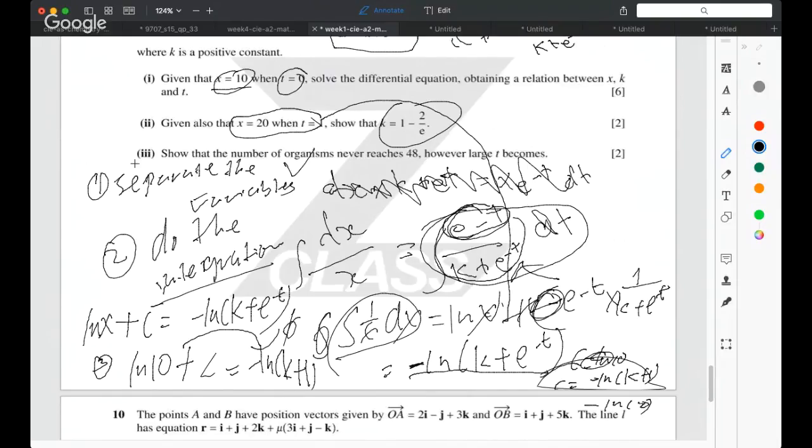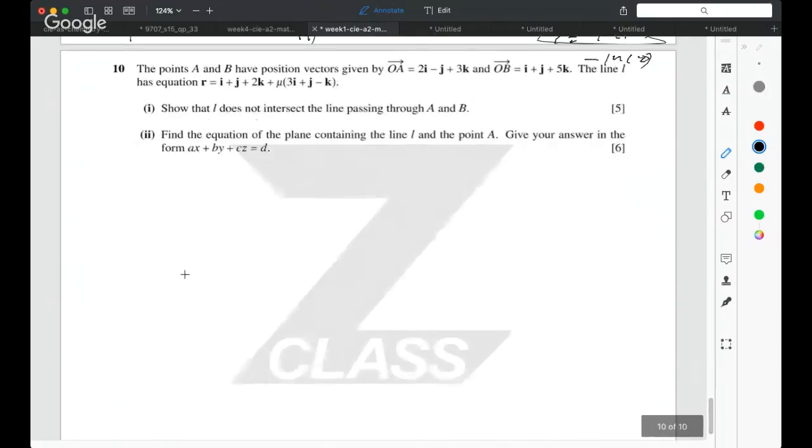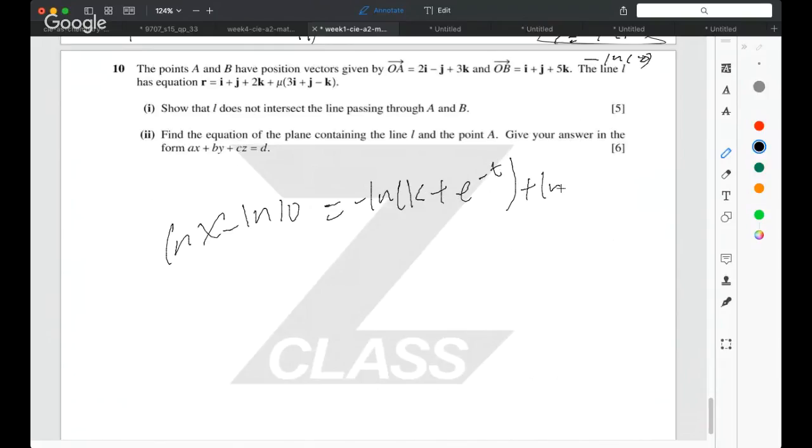And for question 3, after question 2 you get the expression ln x minus ln 10 is equal to minus ln of k plus e to the minus t plus ln of k plus 1.